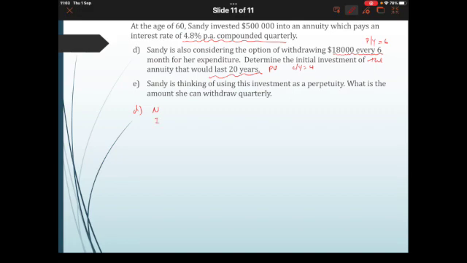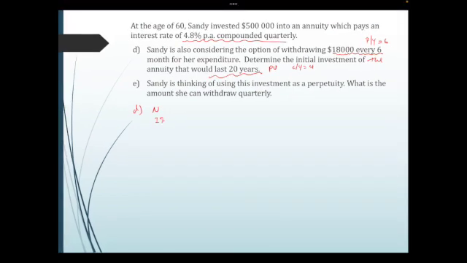I% is still 4.8%, and PV is still minus 500,000. PMT is now 18,000. Future value is 0. PY is 2, actually, not 6. Every 6 months is 2.